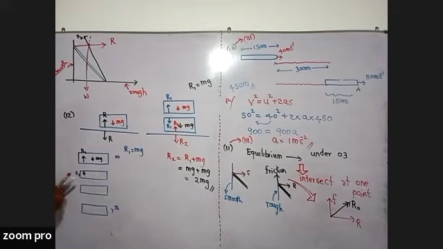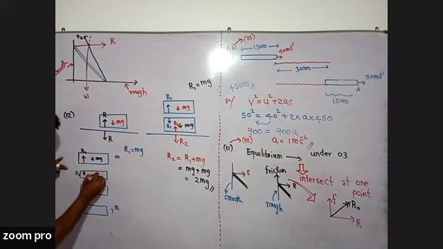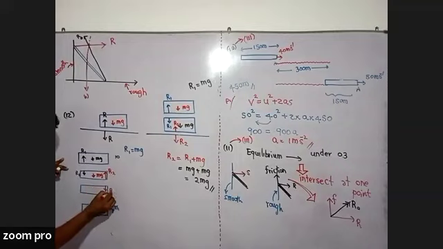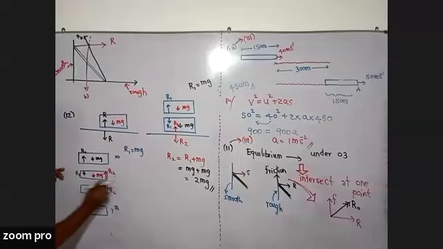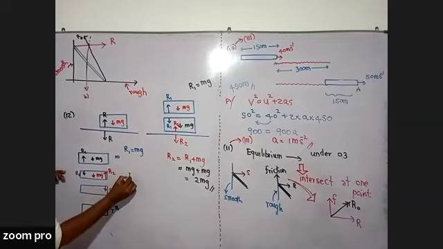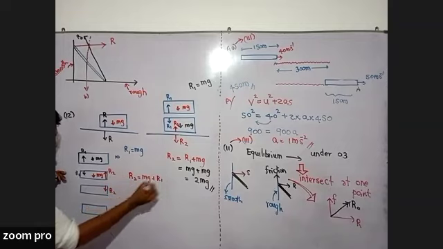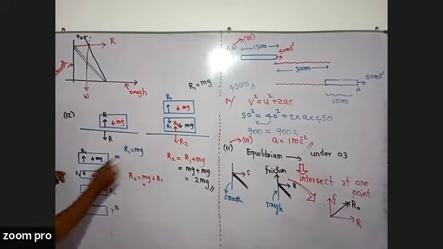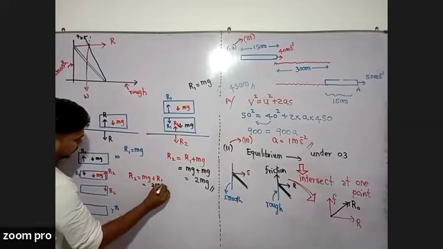Let's come to this coin. It has an mg. It also experiences a normal reaction. Let's call it R2, and it is also exerted on the 8th coin, right? If we consider the equilibrium state of this 9th coin, we can obtain that R2 equals mg plus R1. But R1 is also equal to mg, so R2 means 2mg.